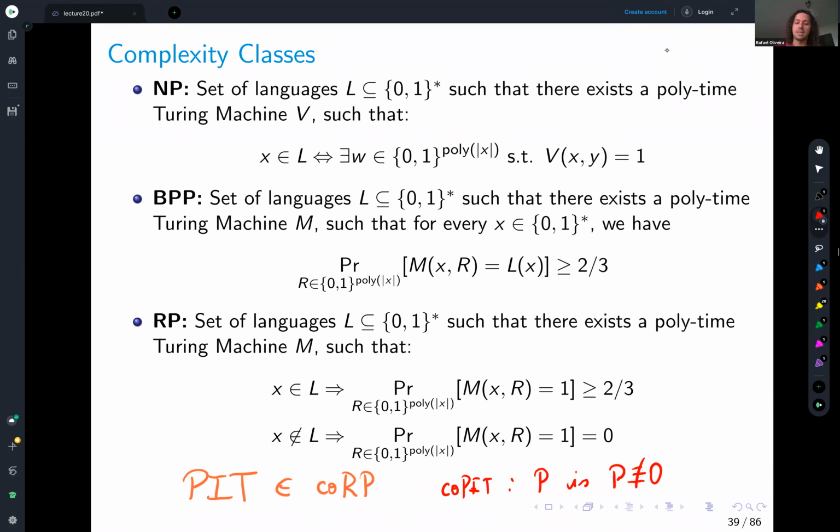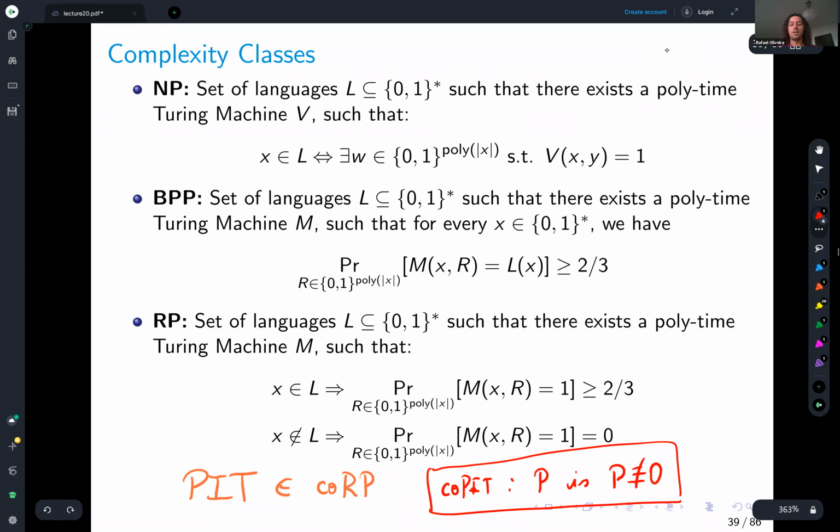So why is this question in RP? Well, remember, if P is not the 0 polynomial, so P would be in the language, then we know that evaluating at a random point, with high probability, will give us a non-zero evaluation. So we know that P is non-zero, right?